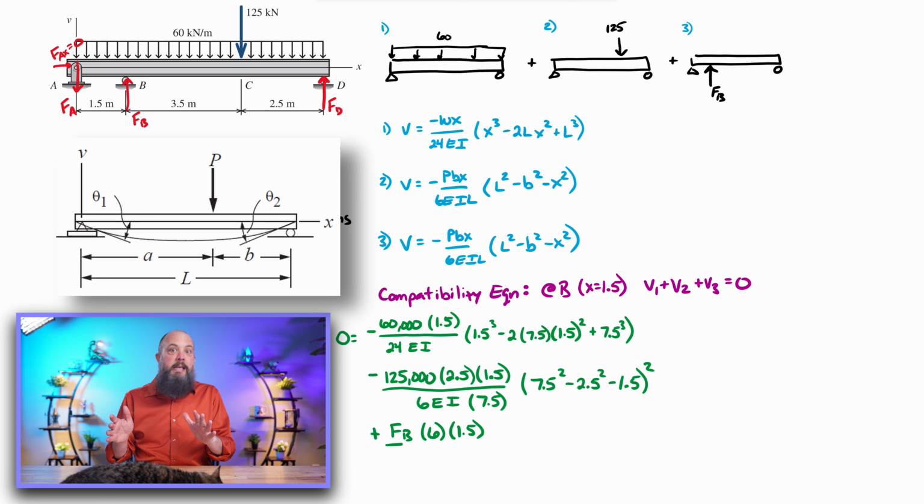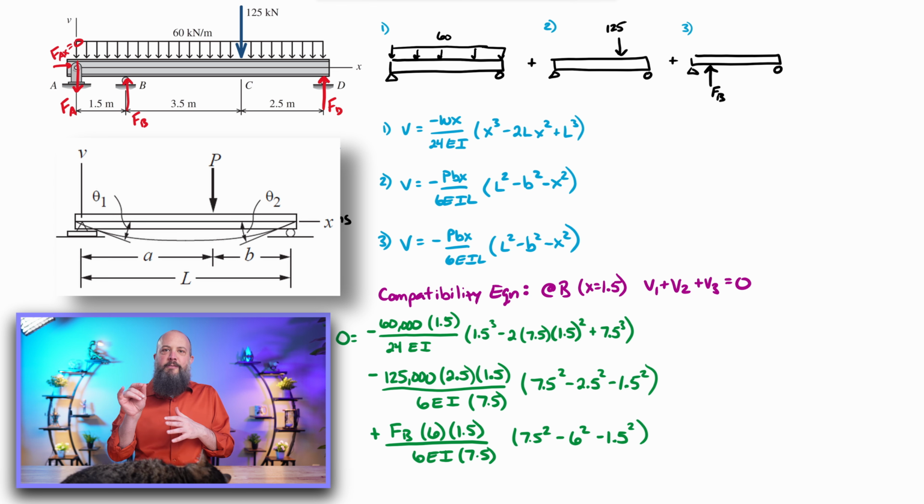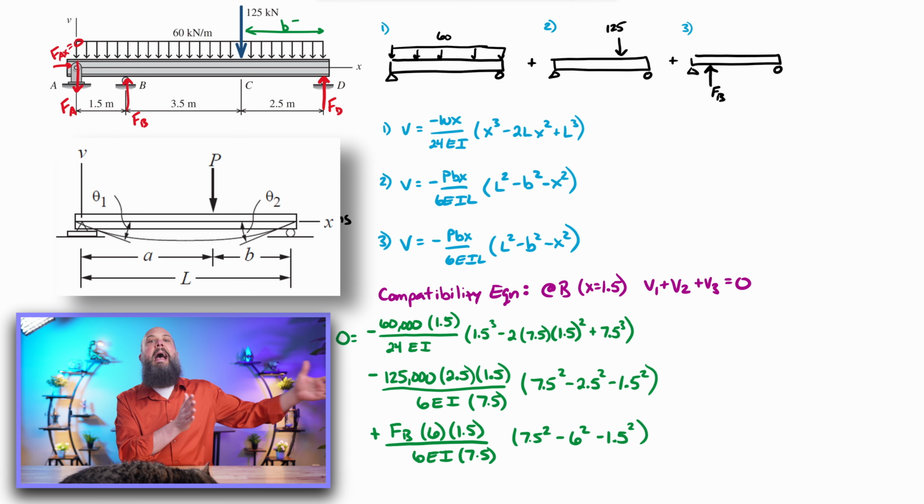Now for force B, we don't know what force B is, right? That's one of the final answers we're solving for, so it's still an unknown in the numerator. But lowercase b from this table, this equation, is now going to be 6 for this point force. Again, B on the drawing, that's the distance further past the force, the rest of the simply supported beam.